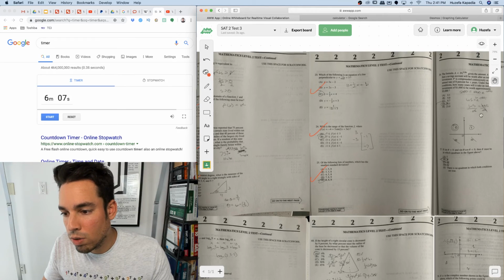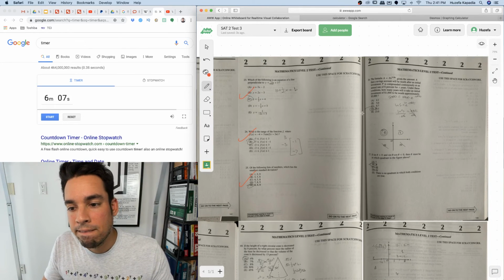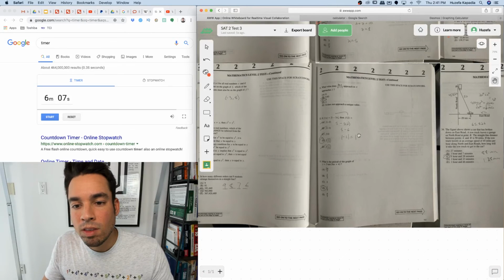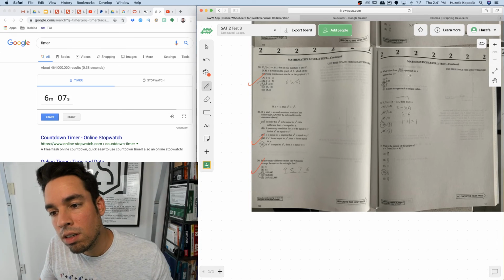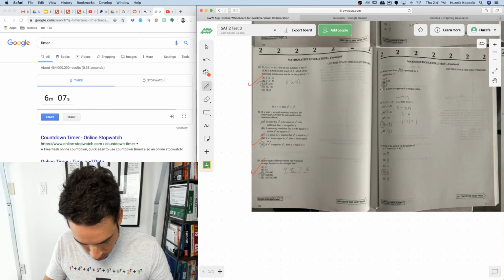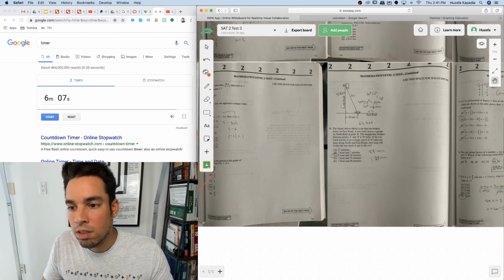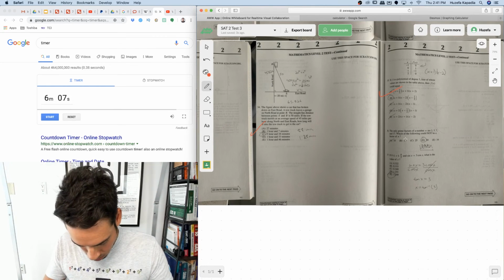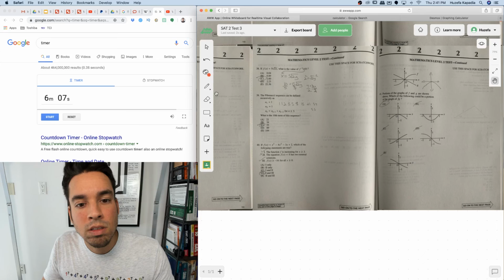And then 26 is DBCED. 31 is CDDCB. 36 is DECCD.